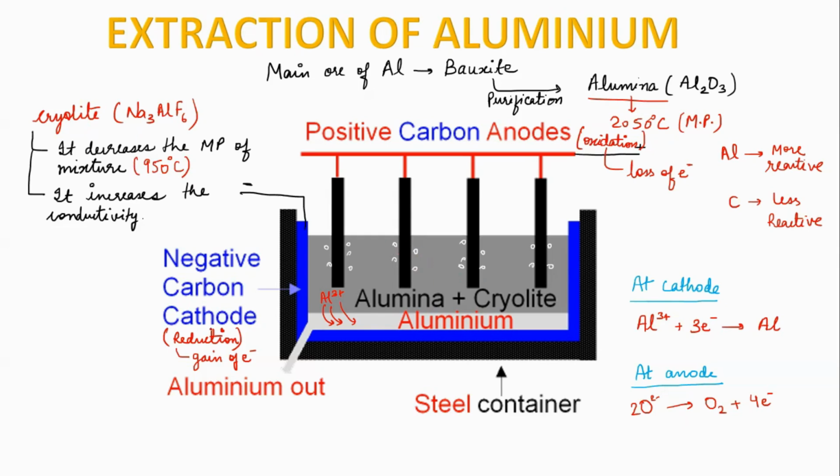When the carbon of the anodes reacts with oxygen, it forms carbon dioxide and sometimes carbon monoxide that consumes the anodes. So to make the process continuous, we use multiple anodes so that the process goes on for a longer time. So we can also write that the carbon of the anode reacts with the oxygen to produce carbon dioxide, sometimes carbon monoxide.